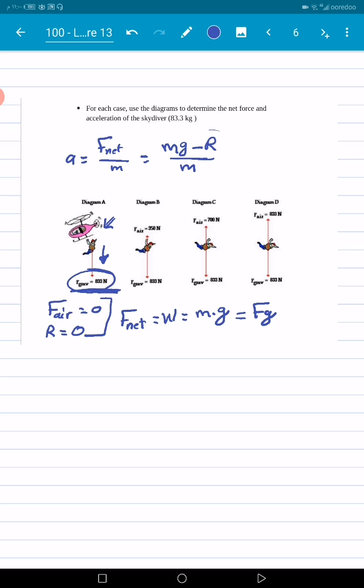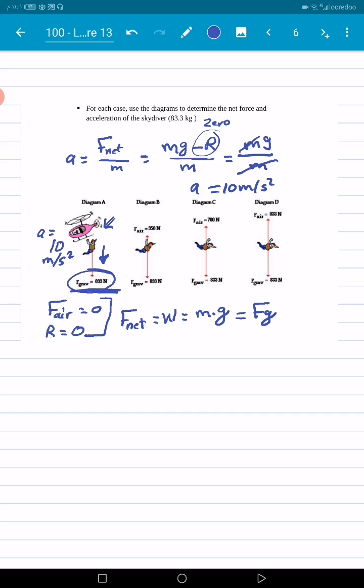So here R is equal to 0. So that means mg divided by m. m is moving with m, so the acceleration is equal to 10 meter per second square. So that is in number 1. a is equal to 10 meter per second square.